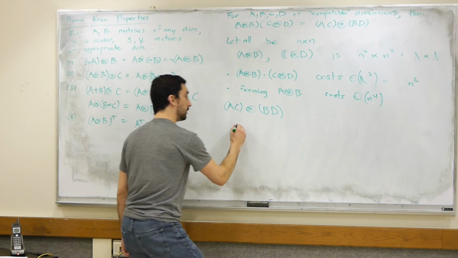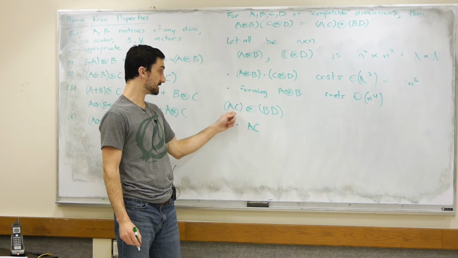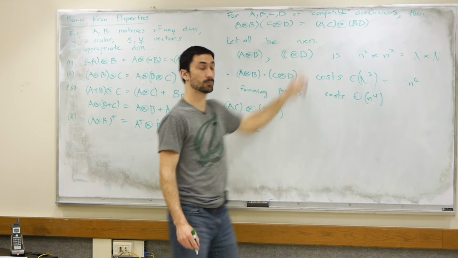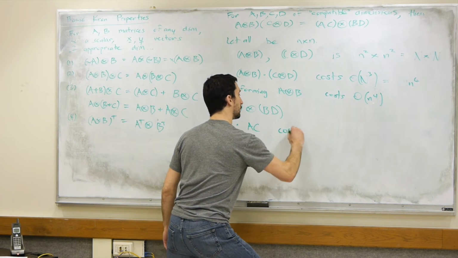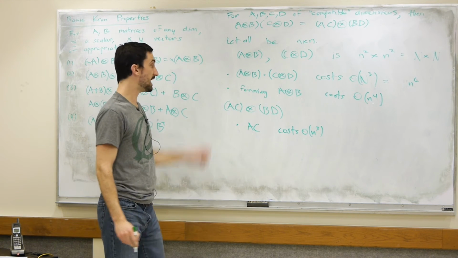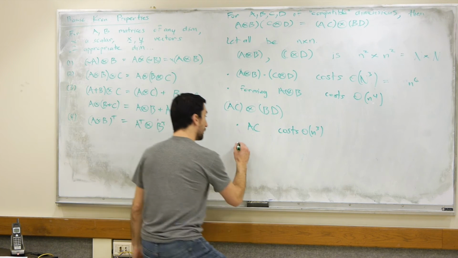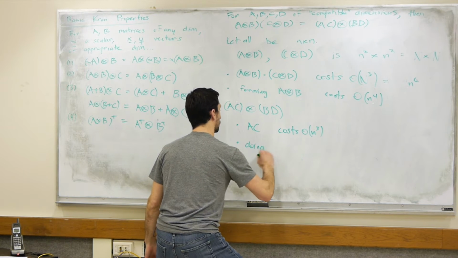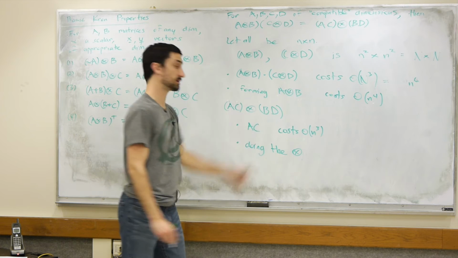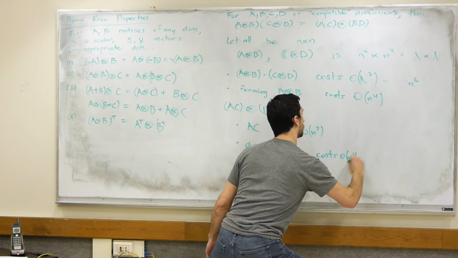Okay, fine. The right-hand side: first of all, each of these standard matrix multiplies here and here is of a little n by little n matrix. So each of these costs little n cubed. Then once you have this n by n matrix formed and this n by n matrix formed, doing the Kronecker aspect of an n by n matrix with an n by n matrix costs little n to the fourth.